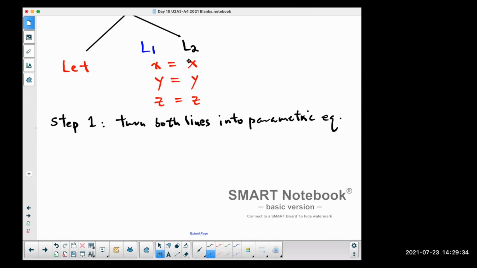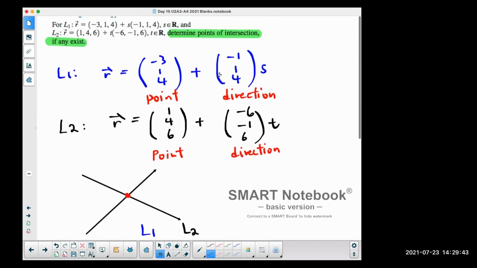We want to make x equal x, y equal y, z equal z. The only way we can do that is to turn both equations into parametric equations, because with a vector equation we can't equate them. We can only equate them if I can make this into x and that into x and make the x's equal to each other.